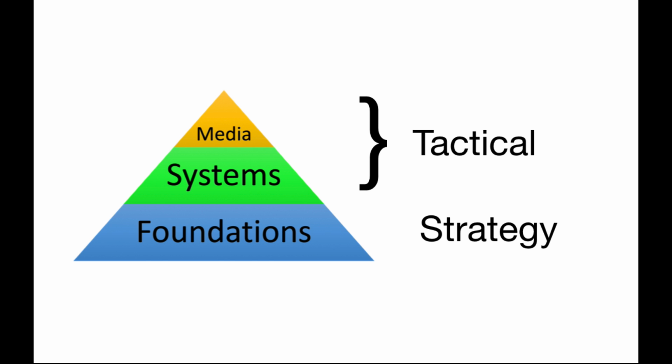So you put the effort into the strategy, and that strategy, you can maintain for years to come. The tactical, you're constantly tweaking, changing, modifying, testing around that tactical side of things. You may eventually come back and look at strategy and refine strategy. But strategy is a thing that you build and do once, whereas the tactical, that's the day-to-day activities that you do. That's the systems and that's the media.